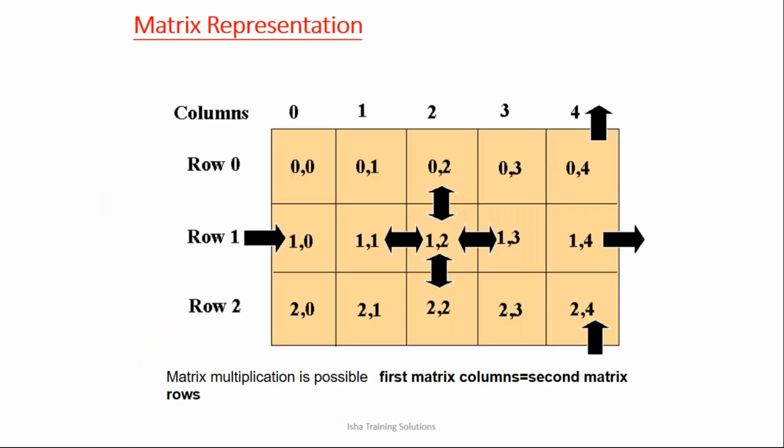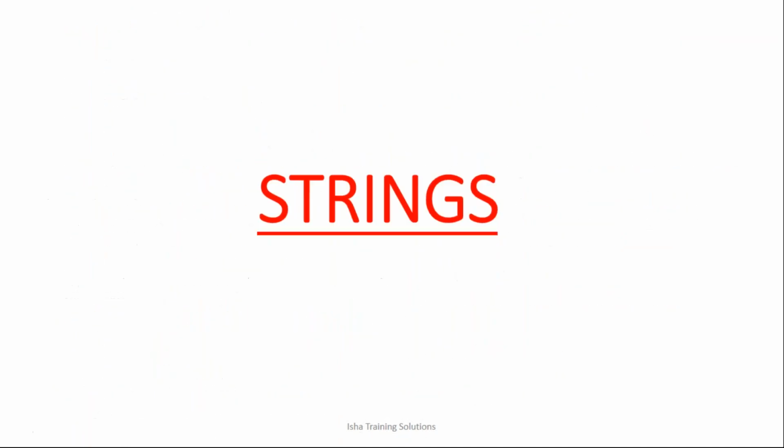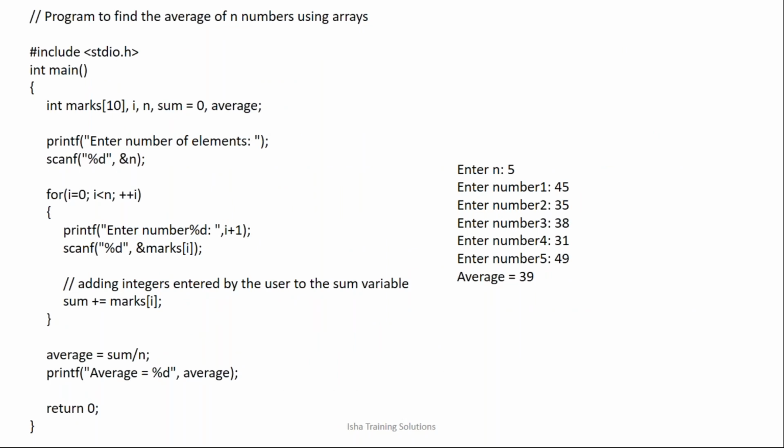Okay, we'll see a small program so that you can understand more clearly what an array is. This is a small program which can store a few numbers and give us the average of the numbers we have entered.